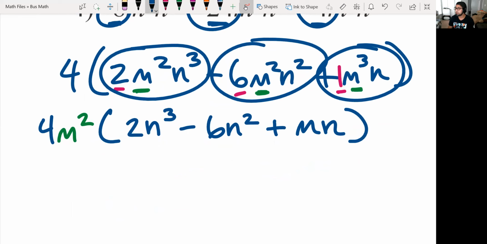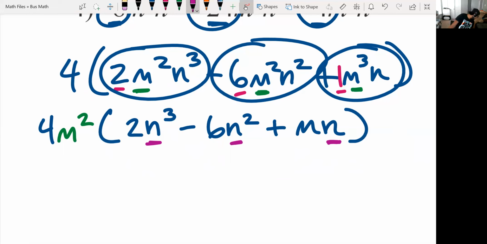All right, almost there. We have one more variable to look at, and that's the n's. N cubed, n squared, and n.